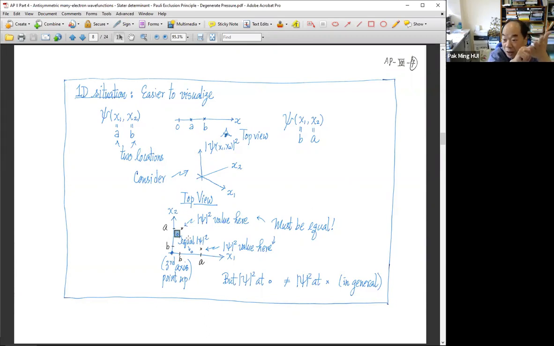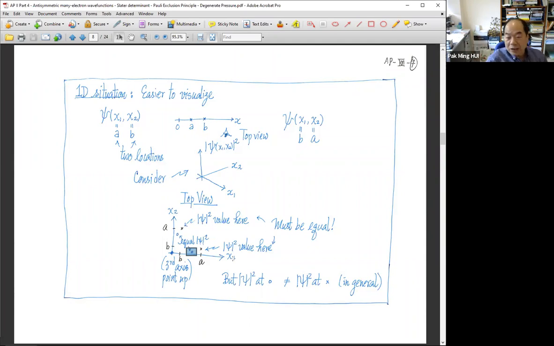At this location, use the calculator, get the phi, square it, you get another number. Quantum mechanics says this number must be equal to that number. Do you follow me? Now, nobody says this number equals that number, right? Because a function of two variables will vary with the two variables. What it all says is a certain kind of symmetry. It says this must equal that, and this must equal that, for the wave function squared. Then you can find all the other pairs of points. Do you follow me?